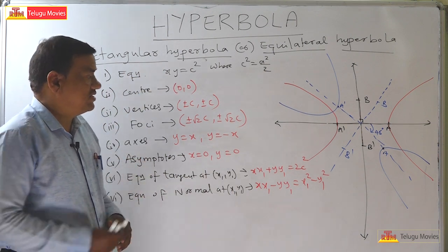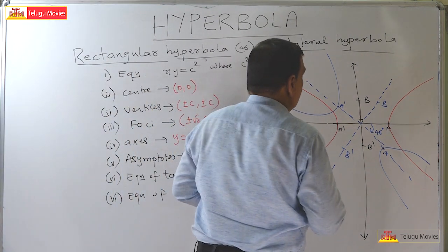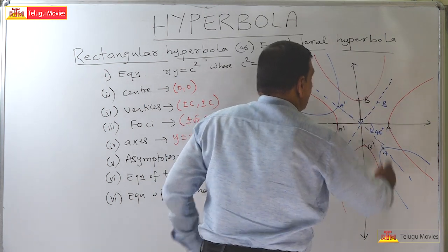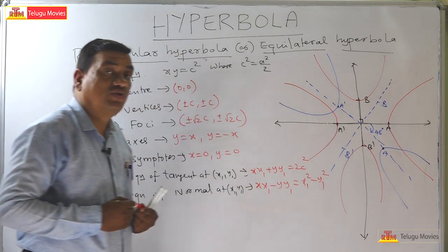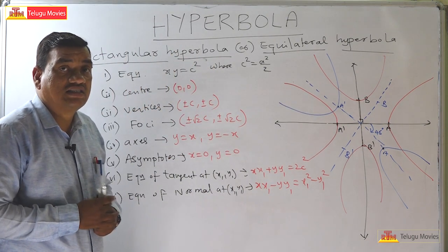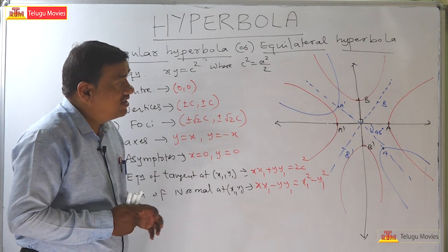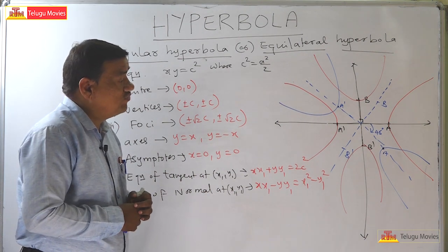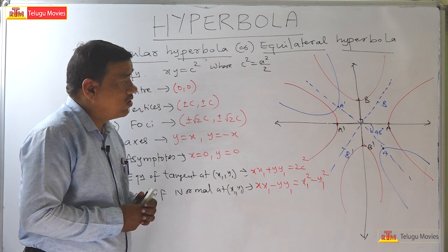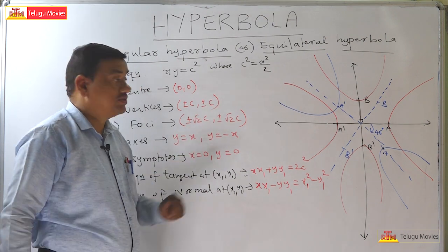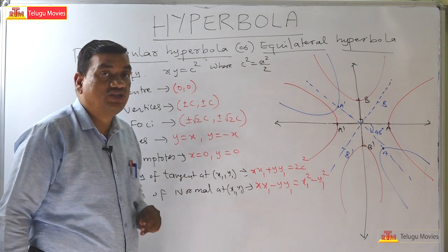For example, if your conjugate hyperbola is like this, and you rotate both the x-axis and y-axis in the clockwise direction by 45 degrees, then the vertices of the rectangular hyperbola will be in the first and third quadrant. That's why there are 4 positions.